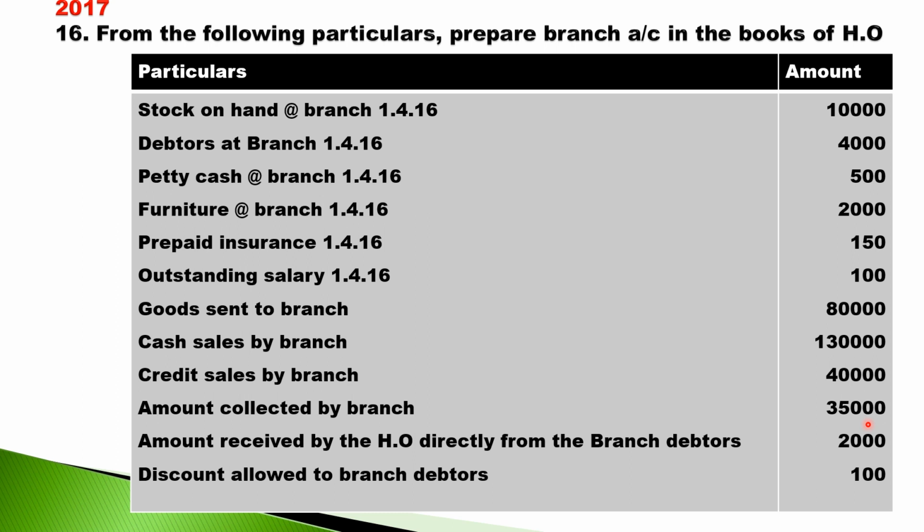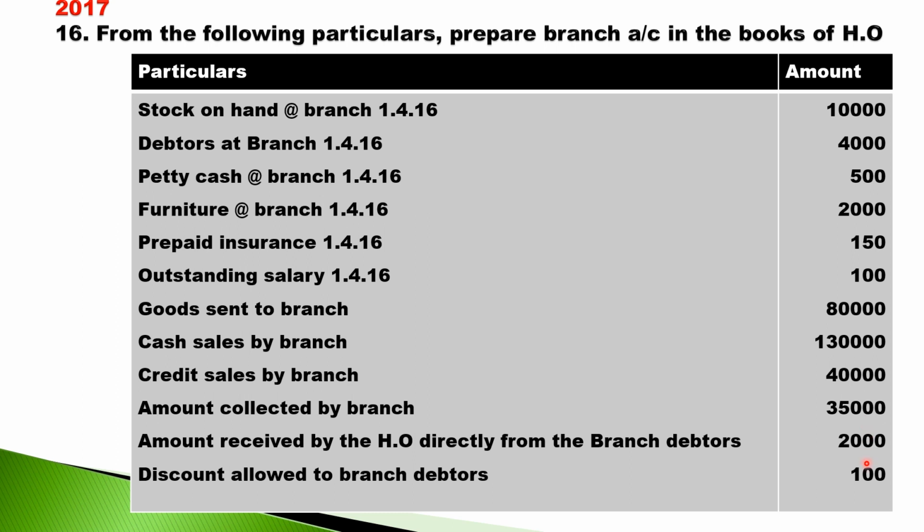So amount collected by branch is nothing but amount collected from debtors. Branch can collect money only from debtors. So 35,000 will come in credit side. It can also be called amount received from debtors, 35,000.